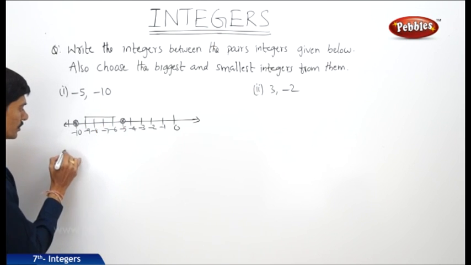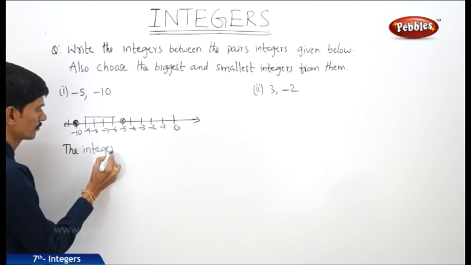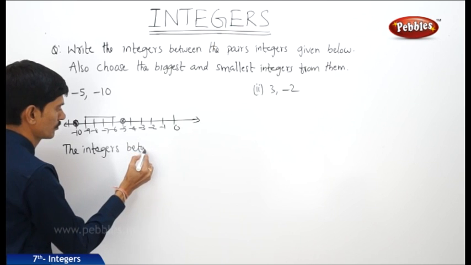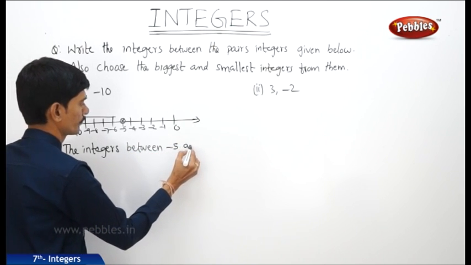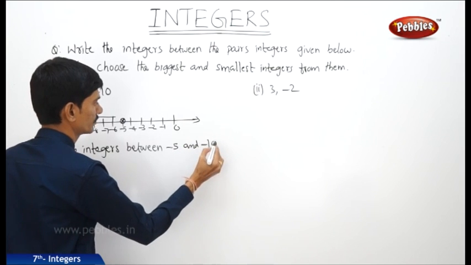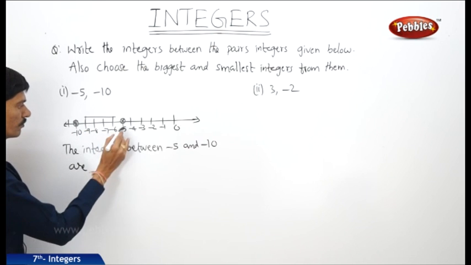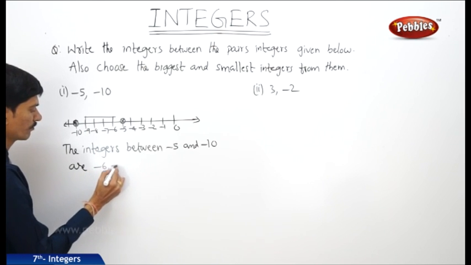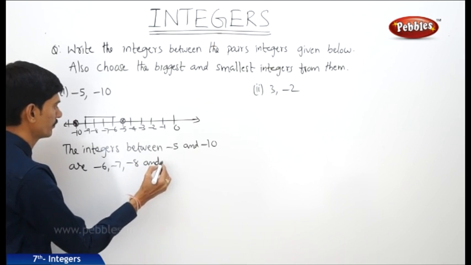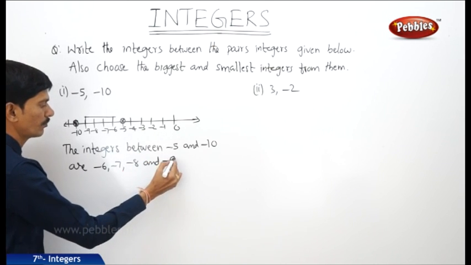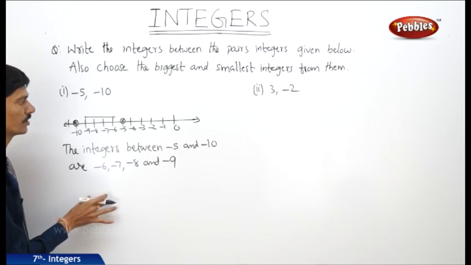So the integers between -5 and -10 are -6, -7, -8 and -9. Now among all these integers, which is the biggest and which is the smallest?